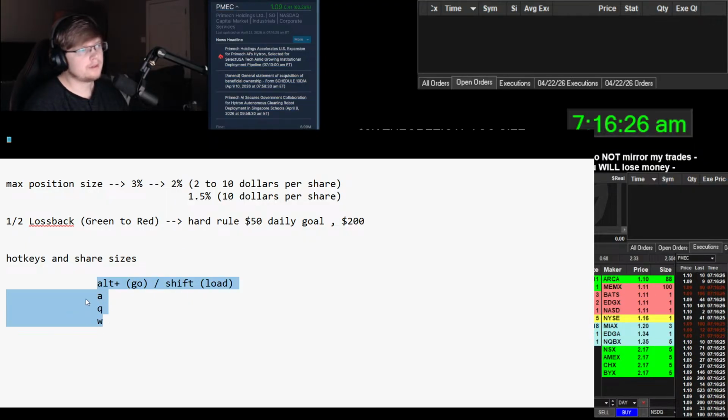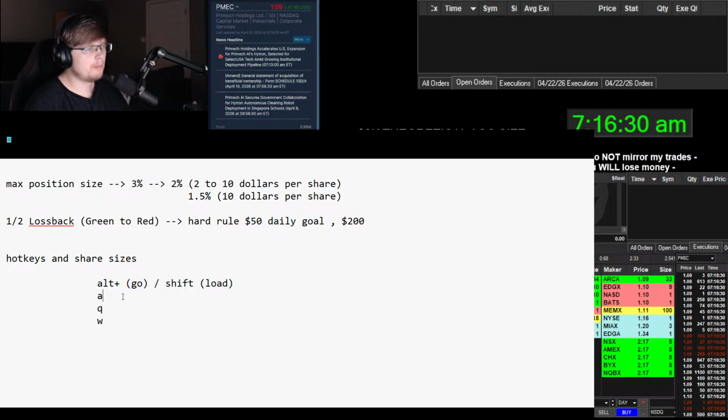So Alt A buys on the ask immediately. So it's a load and go. It buys on the ask immediately 10 cents above for a limit order. But A is now 50 shares, Q is now 200 shares, and W is now 15 shares.